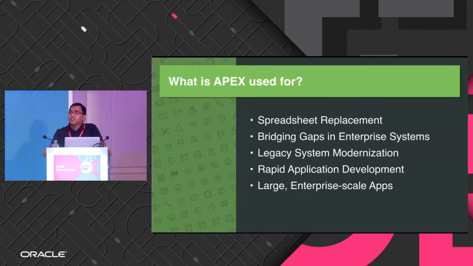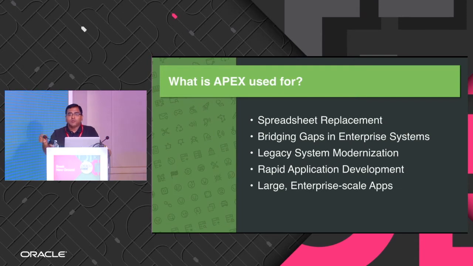What is Apex typically used for? Some of the use cases, not an exhaustive list. Spreadsheet replacement. You can replace spreadsheets and turn them into beautiful web applications using Apex, right? And how many of you know about the 19.1 new features here?